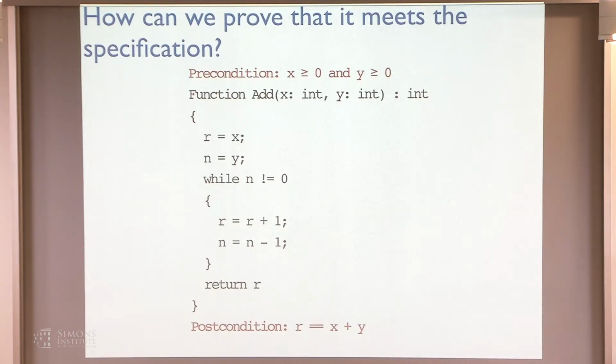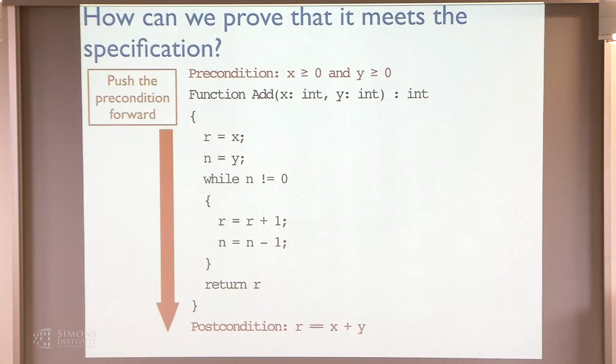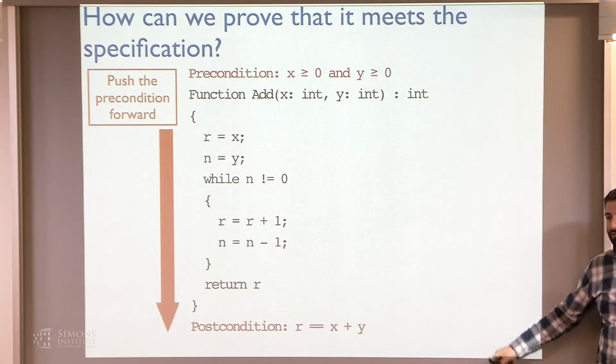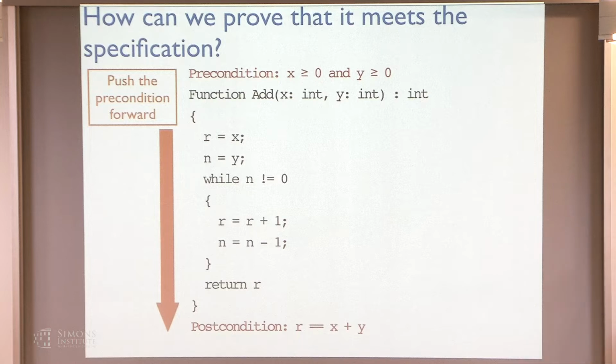If you have already seen this, maybe it's not anything really new, but a standard way to do this is to try to push the precondition forward through assertions and try to derive the postcondition from it, going through the program.